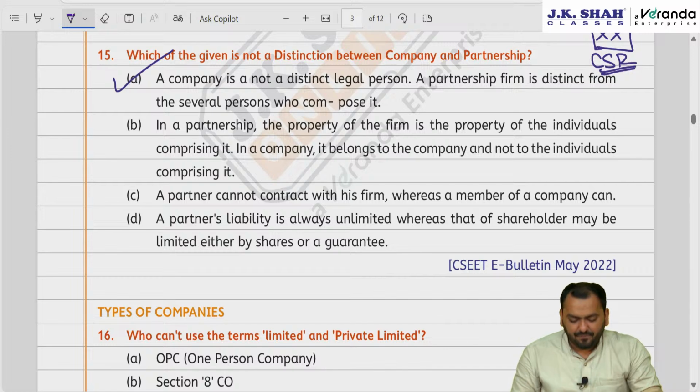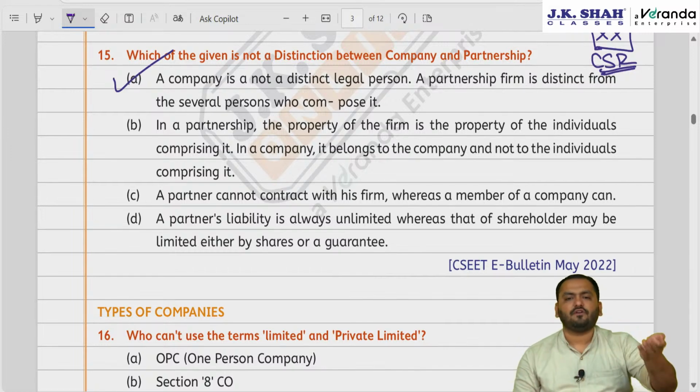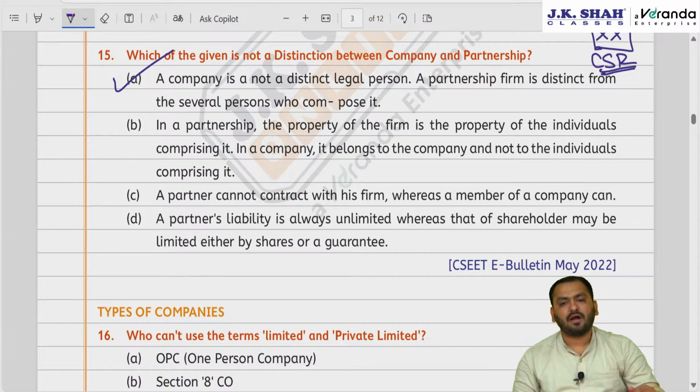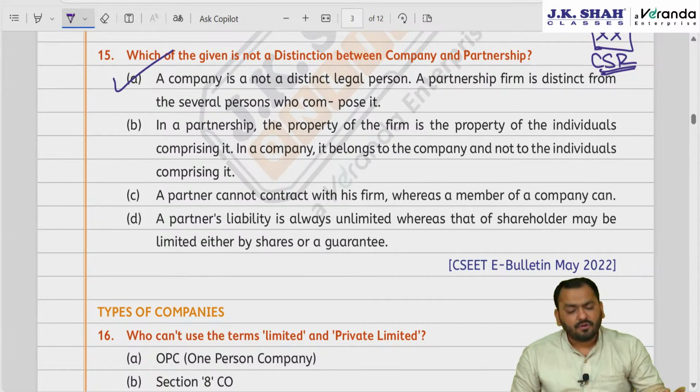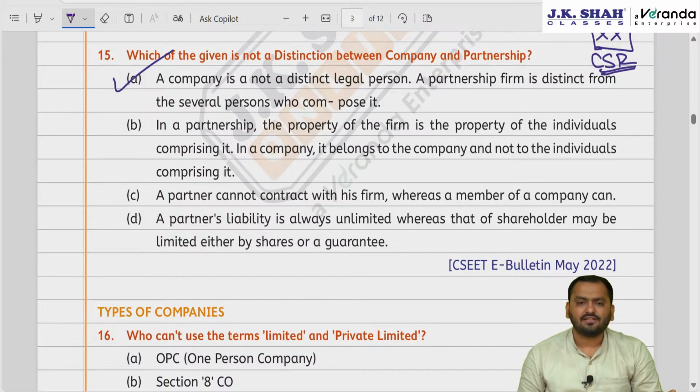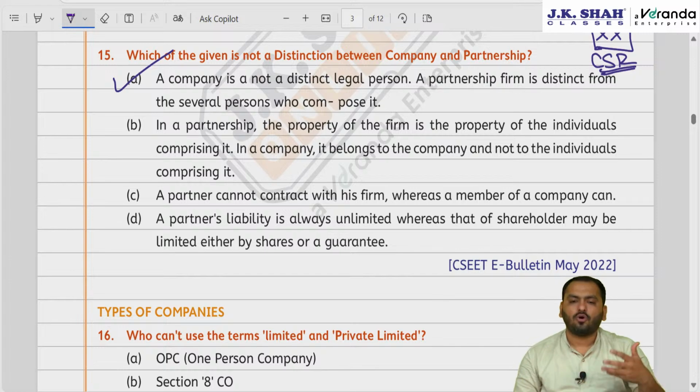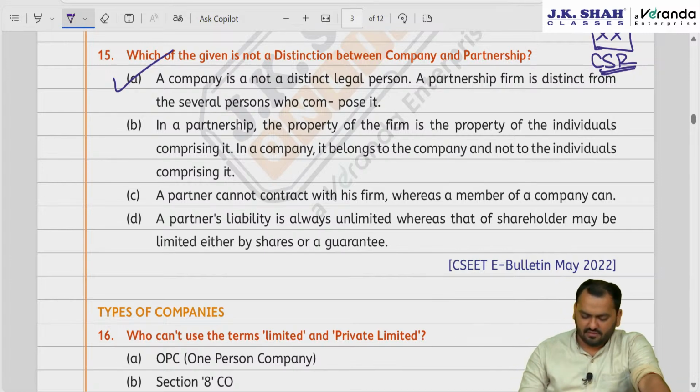Then option C: a partner cannot contract with its firm. True. A partner cannot enter into a contract with its partnership firm, because the partnership firm does not have a separate legal status. Yes, the partnership firm cannot have its own existence. So that is also correct.